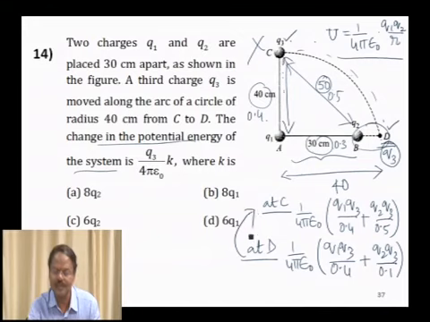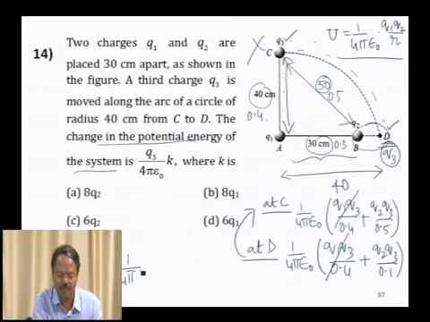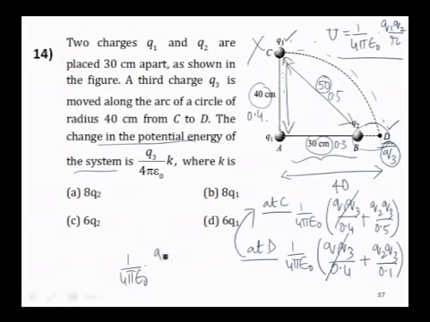So this minus that, and when you subtract, this part gets cancelled because it is equal, and you are left with 1 over 4 pi epsilon naught q2 q3, times 1 by 0.1 minus 1 by 0.5. 1 by 0.1 is 10, 1 by 0.5 is 2, and therefore this part becomes 8.